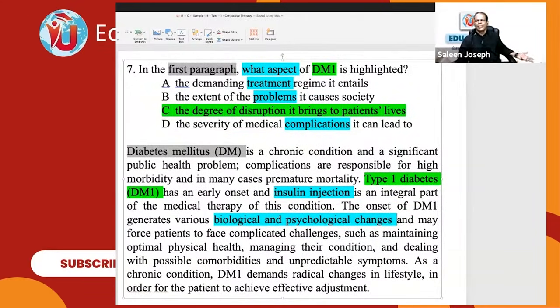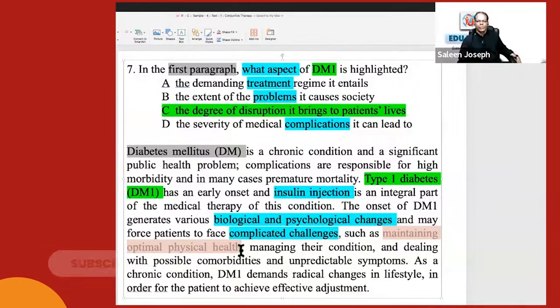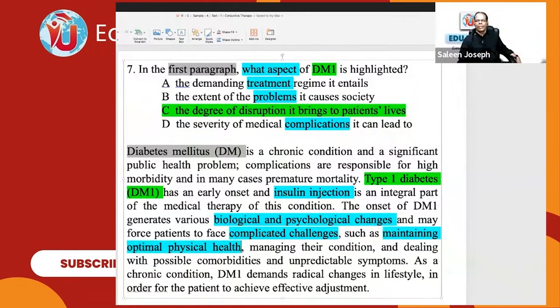Disruption means the challenge or difficulty or inconvenience that is caused, and it may force patients to face complicated challenges. Maintaining optimal health is a disruption. Those who have diabetes will have to get up early in the morning, 4 o'clock, and go for a walk and do some exercise, but you can sleep cool, those who have no diabetes. So these are the disruptions.